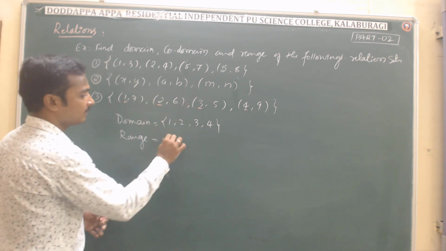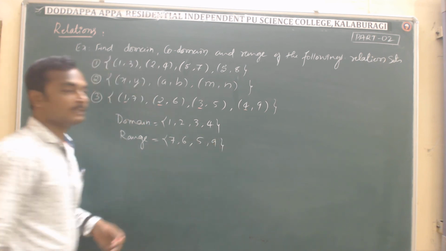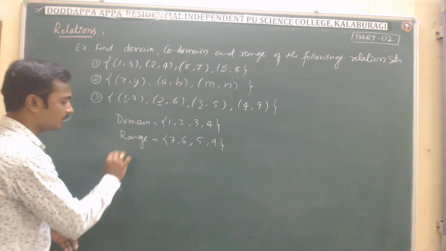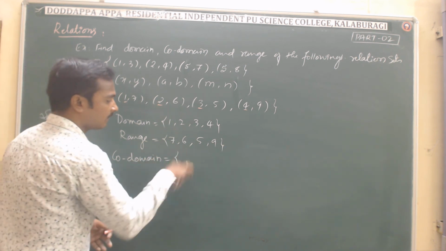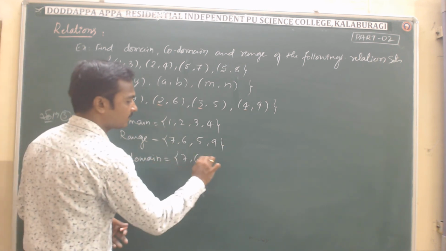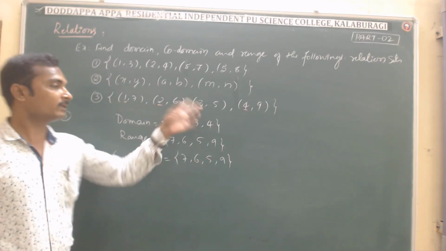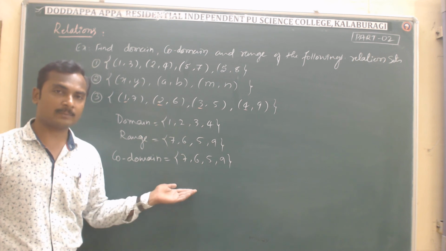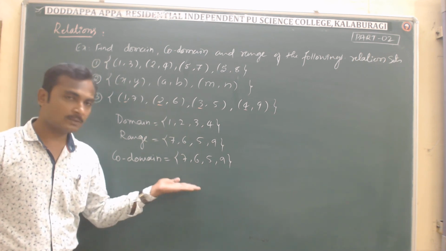Every second element. 7, 6, 5 and 9 are the range. And similarly the codomain, also here in this example, is again 7, 6, 5 and 9, and that is just because each second element in the ordered pair of the Cartesian product is always an element of the codomain. Okay, so let's note these problems.